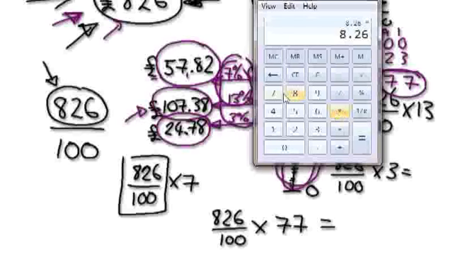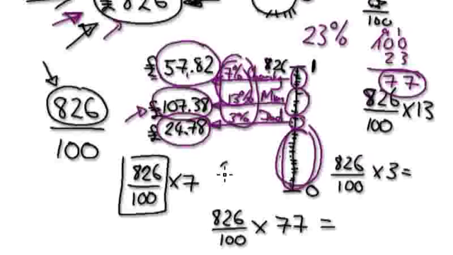So times 77 equals 636 and 2 pence. Okay, so this is what's left for you.